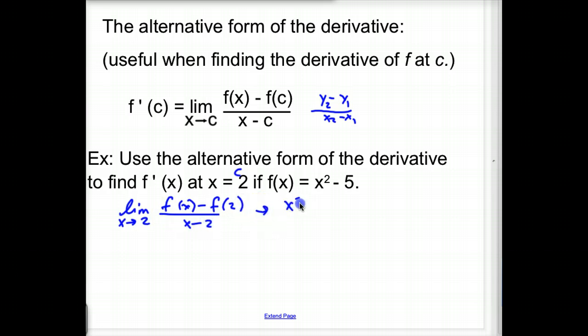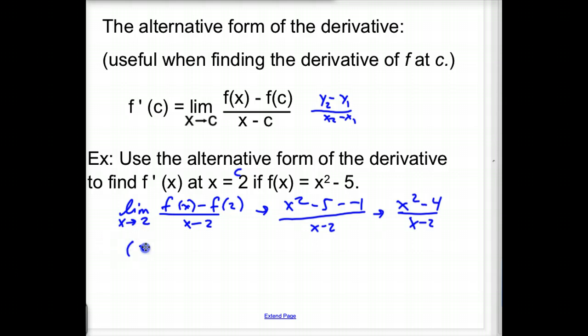So f of x is x squared minus 5. F of 2, plug 2 in here, 2 squared is 4, 4 minus 5 is negative 1, minus negative 1, all over x minus 2. That simplifies to x squared minus 4 over x minus 2. I still can't do direct substitution because I'll get 0 over 0.